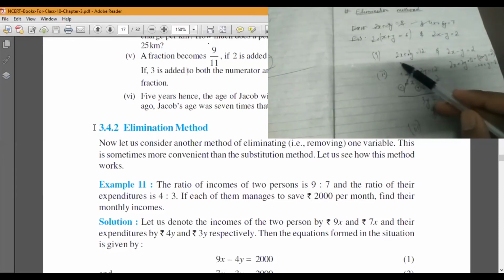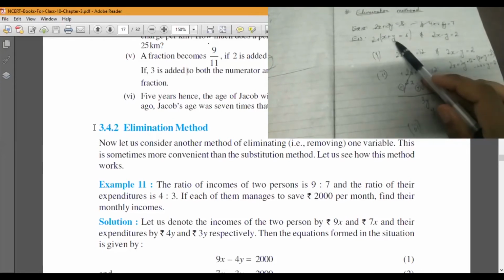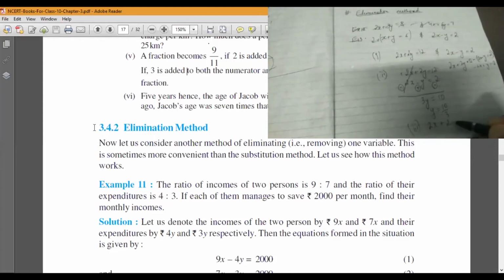When we have multiplied and made the coefficients of the variable equal, put the value of y in that equation, not the original one, because now we are dealing with these two equations. So 2x plus 2, putting the value of y, 10 upon 3, equals to 12. I put the value of y in the first equation.